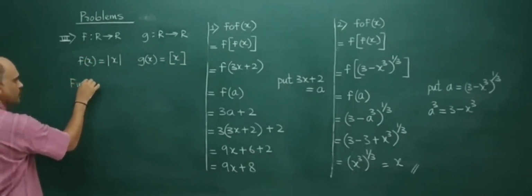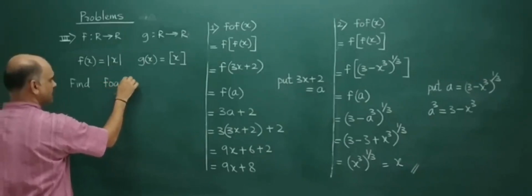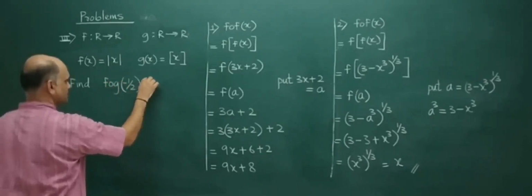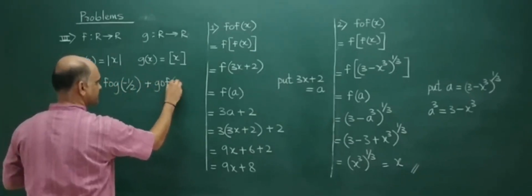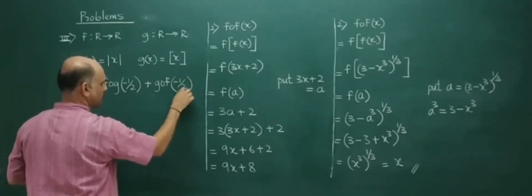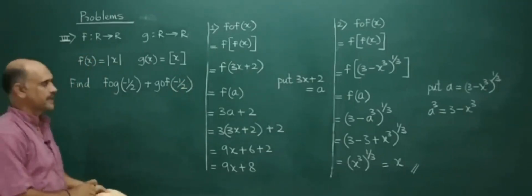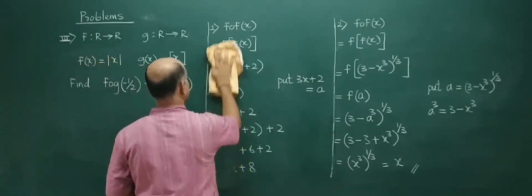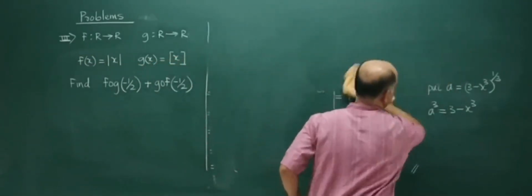You are required to find f of g of minus 1 by 2 plus g of f of minus 1 by 2. You are required to find f of g of minus 1 by 2 and g of f of minus 1 by 2 and add both.